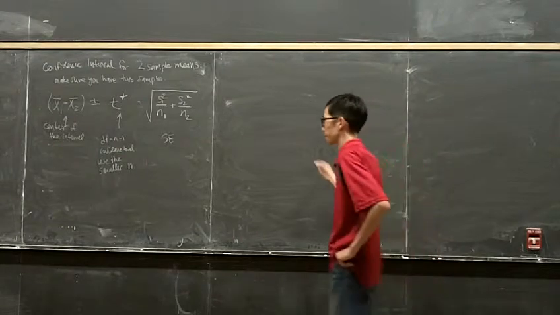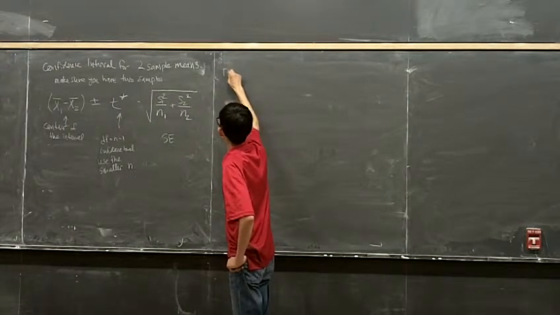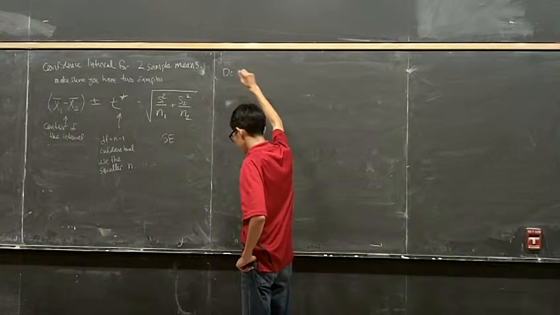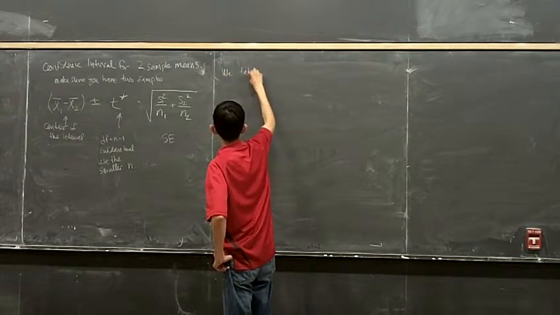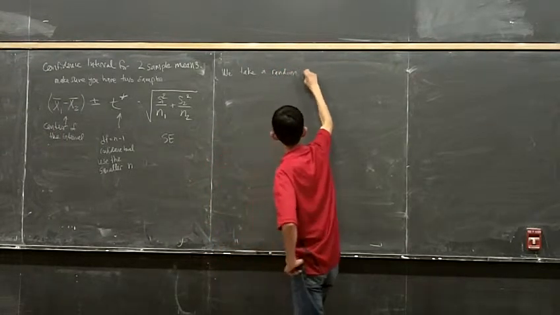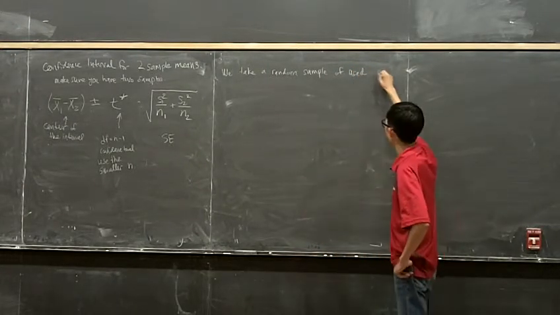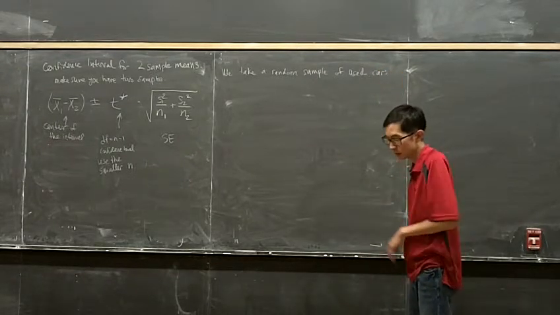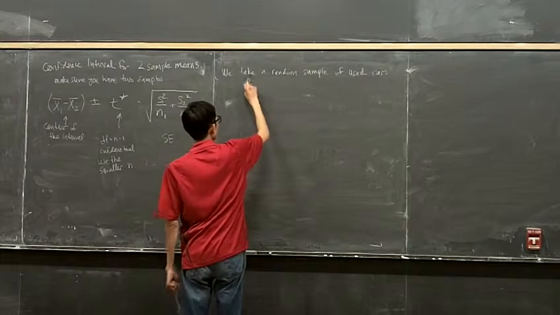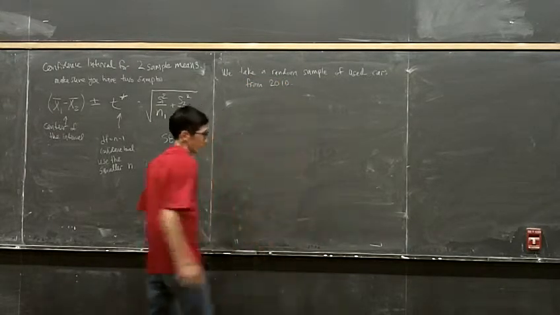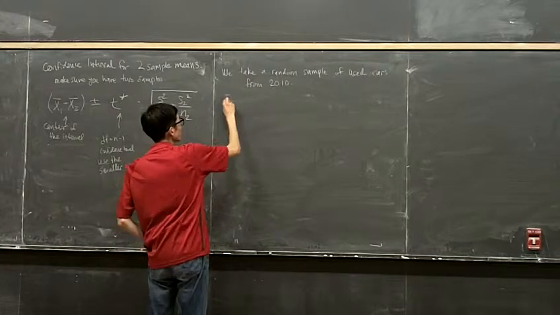Alright, so let's try an example here. Let's say we take a random sample of used cars, used cars from 2010, so that at least we have some range here.